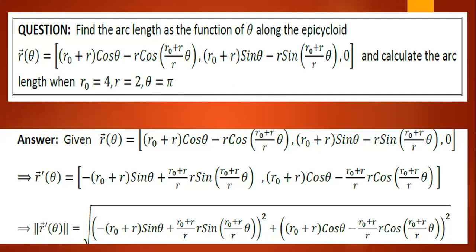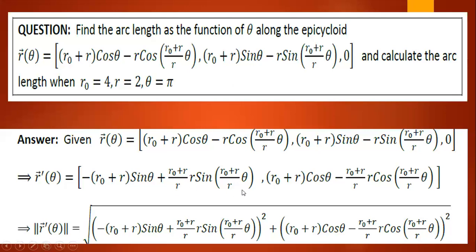So first of all, we write it as given, r of theta is equal to this term, and take the first order derivative with respect to theta. In this term, R naught plus R is constant. The derivative of cos theta is minus sin theta. Similarly, in the next term, all the factors are constant, so we take the derivative. The derivative of cos is sine, and the derivative of the angle gives R naught plus R over R, and this R will be cancelled with this one.